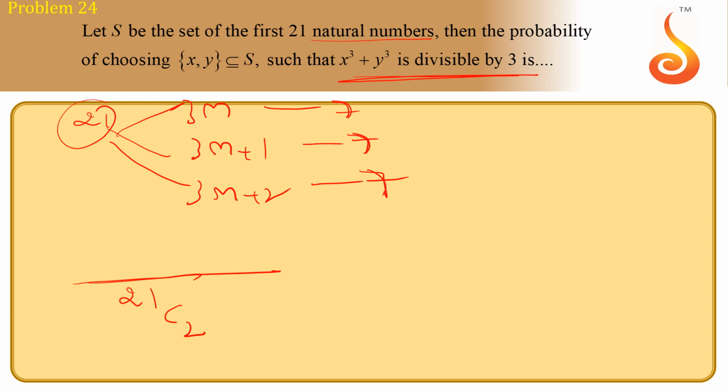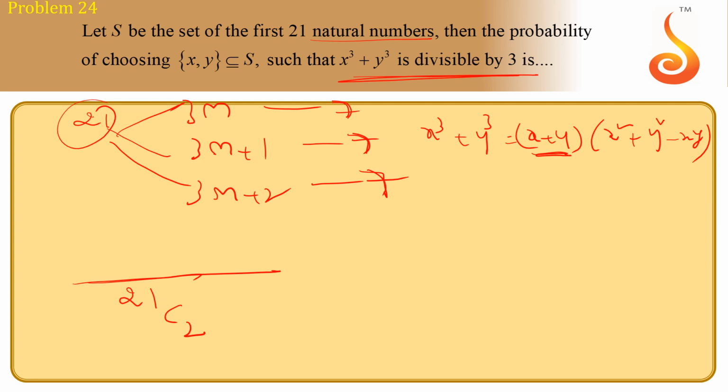Now in the numerator, if you want x cube plus y cube, what is the x cube plus y cube formula? (x plus y)(x square plus y square minus xy). Now if I see that x and y are such that x plus y is a multiple of 3, our condition is satisfied.